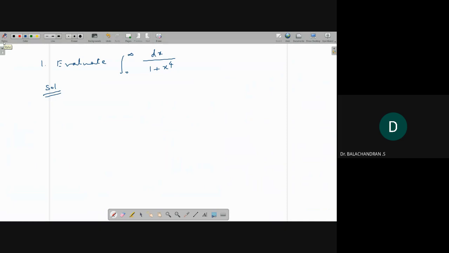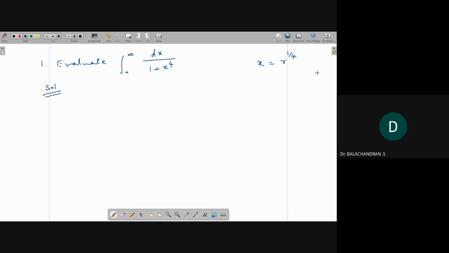Just try. So x is equal to r power 1 by 4, sir. Okay. Any other substitution?